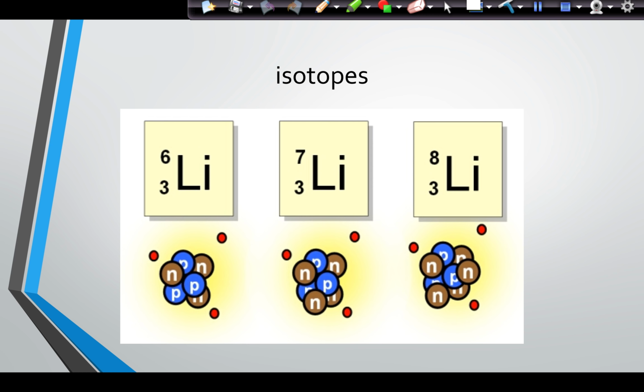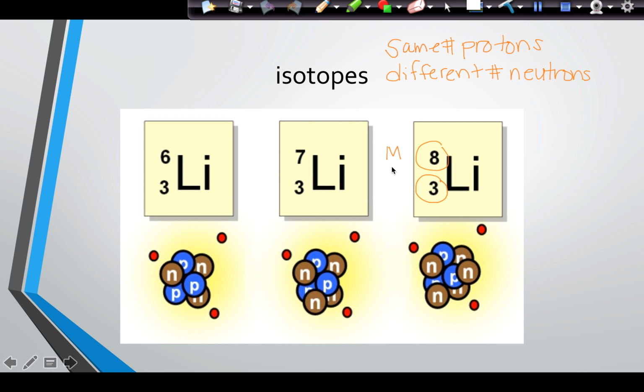When we talk about isotopes, remember that isotopes have the same number of protons, but they have different numbers of neutrons, and that would be evidenced by they have the same atomic number, but a different mass number.